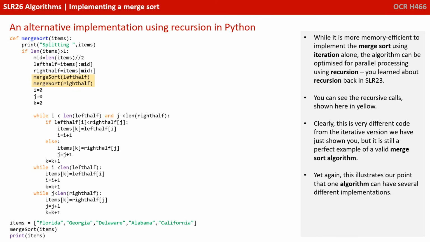You can see the recursive calls shown here in yellow. Now clearly this is a very different coded approach from the iterative version we've just shown you, but is still a perfect example of a valid merge sort algorithm. Yet again, this illustrates our point that one algorithm can have many different implementations.